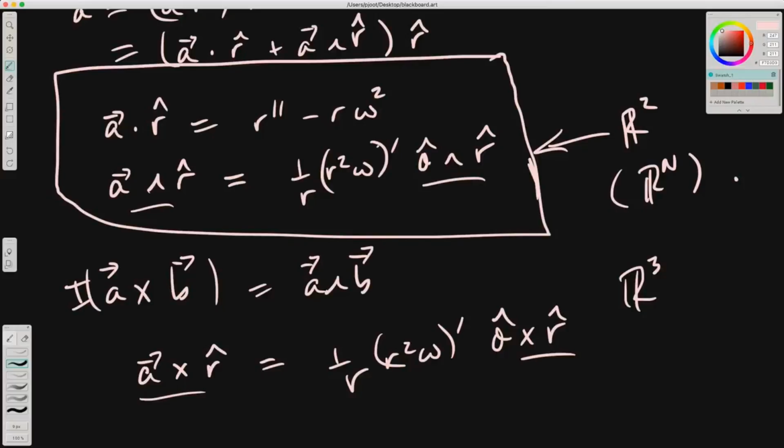And in Rn, like R4 for example, there's no well-defined unit normal to any given plane, so describing something in terms of the cross product just doesn't work.